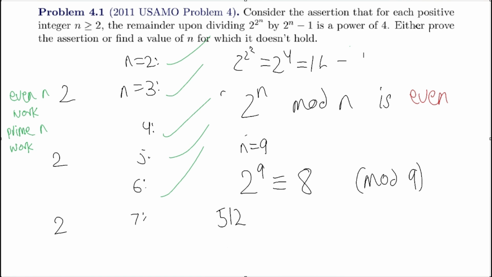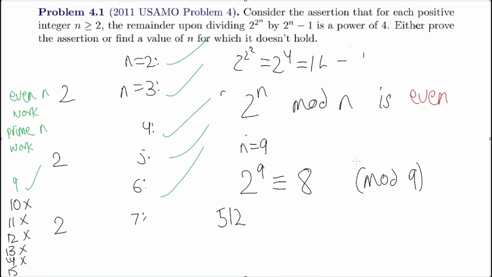So 8 just barely works, or 9 barely works with 8. So 9 works. What is the next number that doesn't work? Or what's the next number that is odd and composite? 10, no. 11 is prime. 12, no. 13 is prime. 14, no. 15 is the next one on our list.